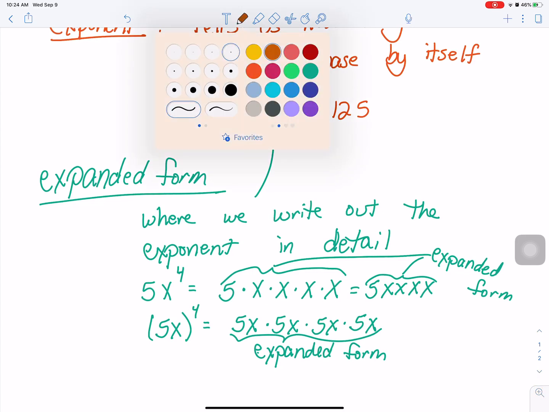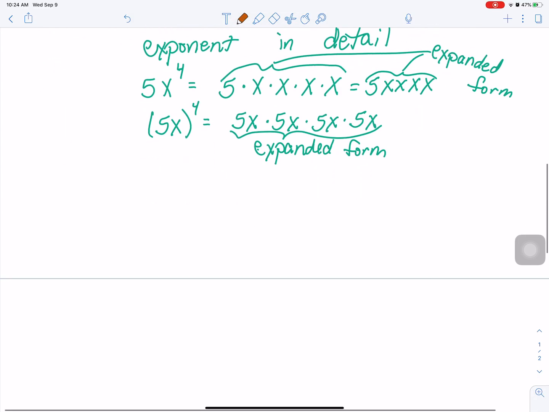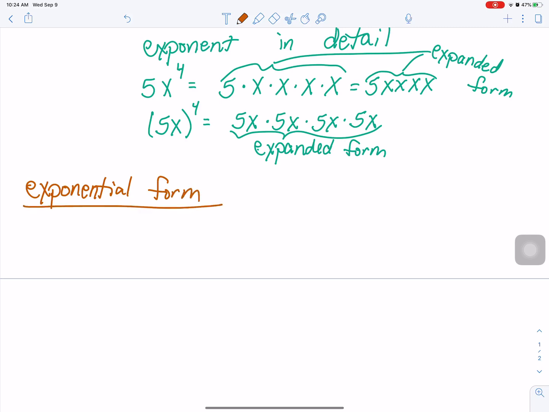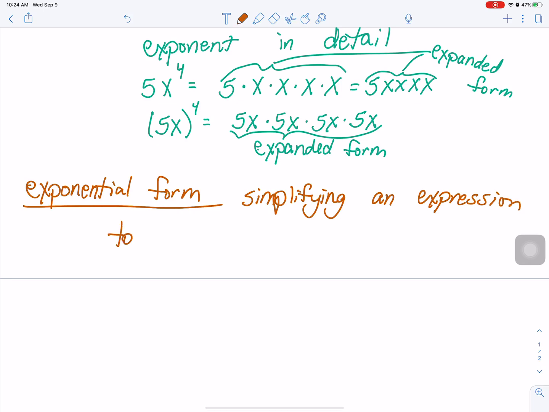One more word in the letter E, which is going to be exponential form. Exponential form is when we're writing it out as a coefficient, a base, and an exponent. So simplifying an expression to a coefficient, a base, and an exponent.